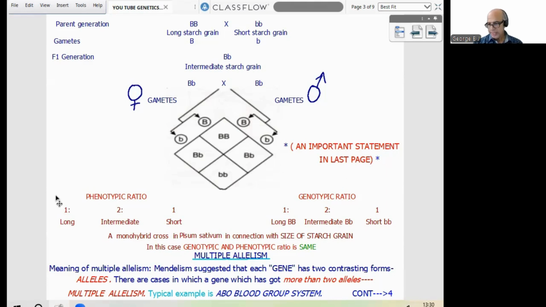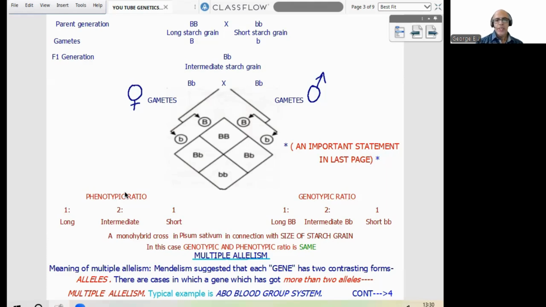Now comes the next aspect, multiple allelism. What is the meaning of the term multiple allelism? When we look at Mendelism, a gene has two contrasting forms, that is alleles. But there are cases in which a gene has more than two alleles, and that event is called multiple allelism.